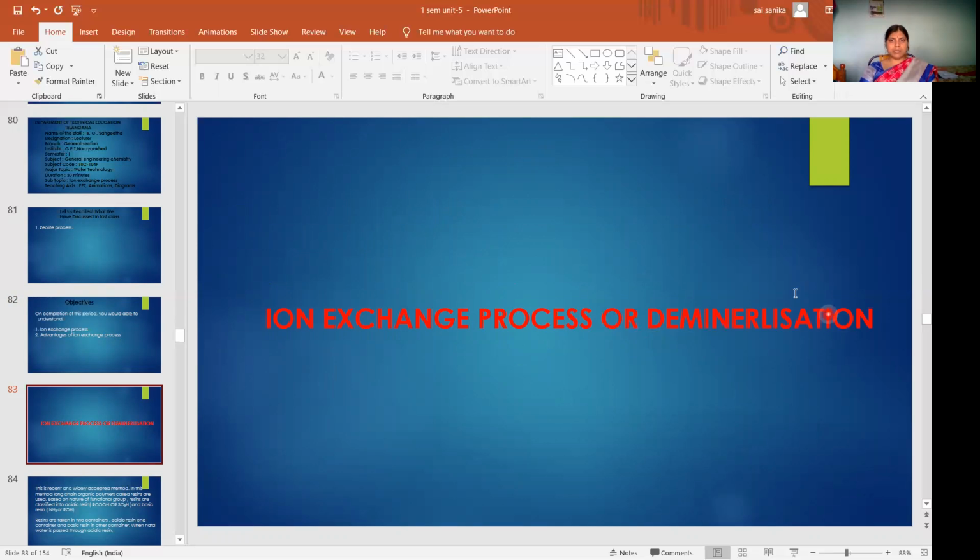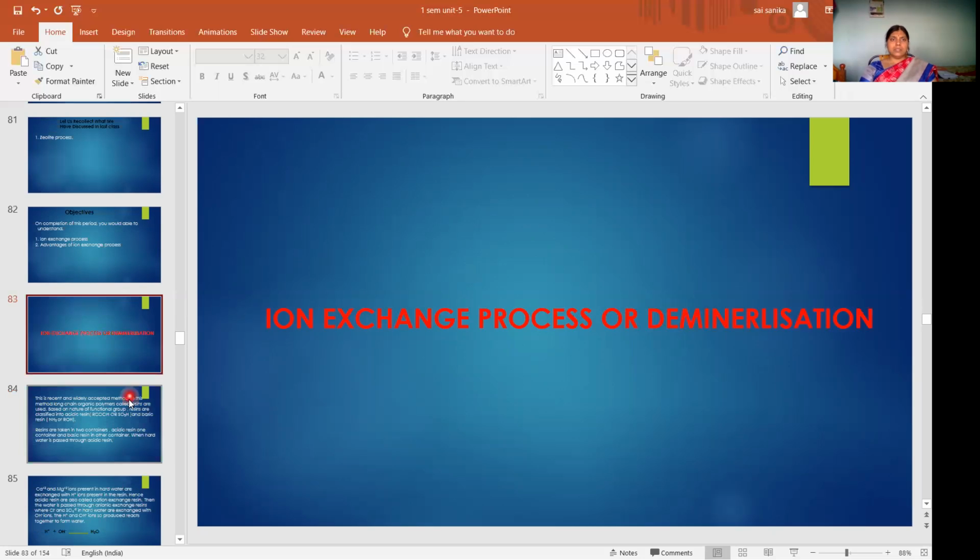What is meant by demineralization? The process of removal of mineral salts from water is called demineralization. Here ions are exchanging, so that's why it is called ion exchange process.